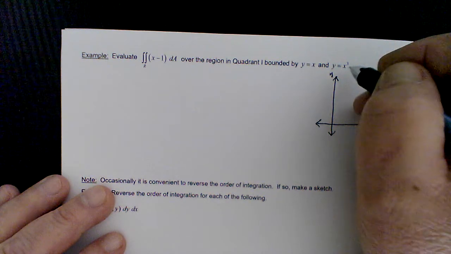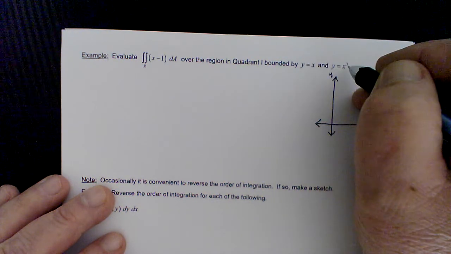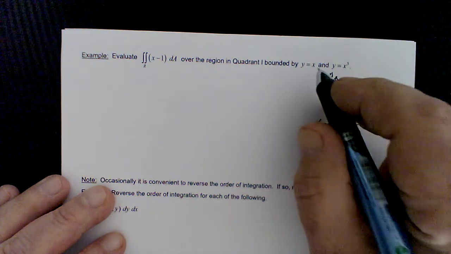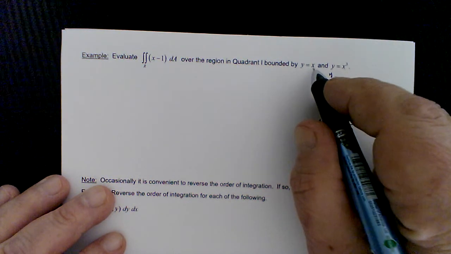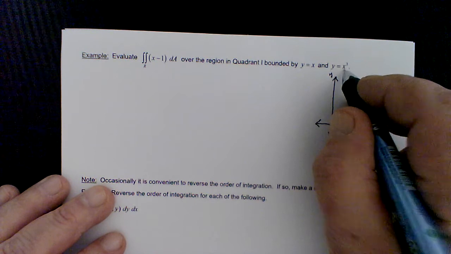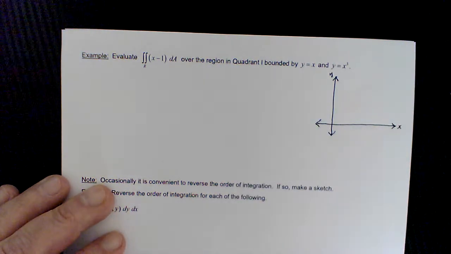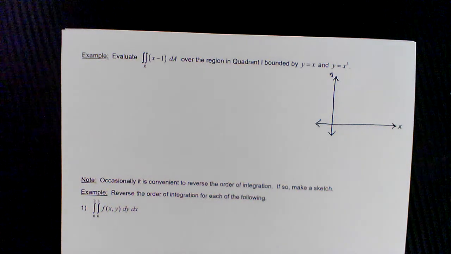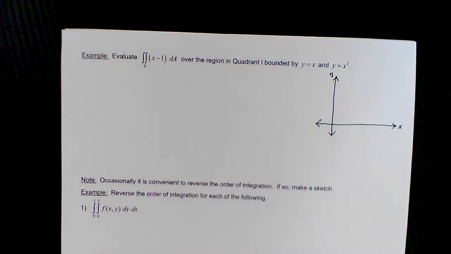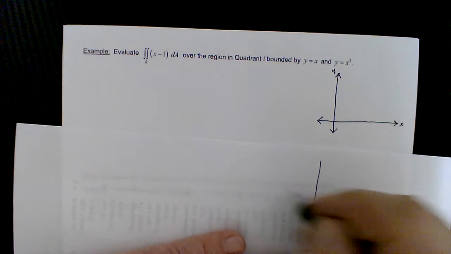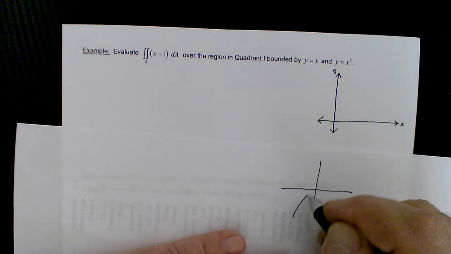We could actually find the points of intersection if you wanted to, but you could do this pretty much by inspection, because you know that when x is 1, they're going to be the same value. And you know what the graph of y equaling x cubed looks like. x cubed looks like this, right?